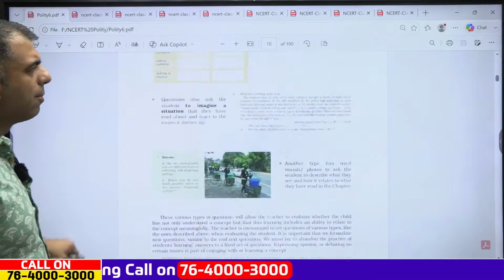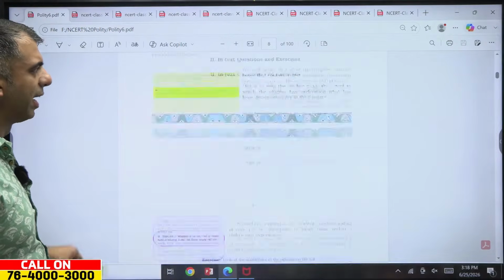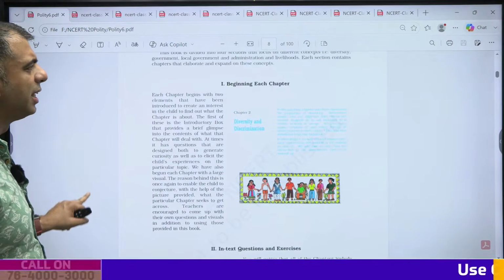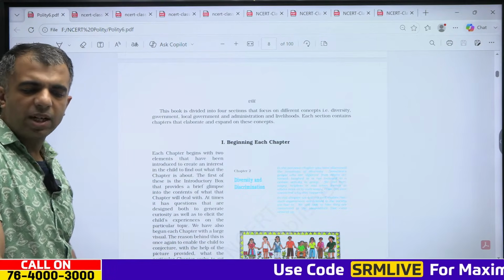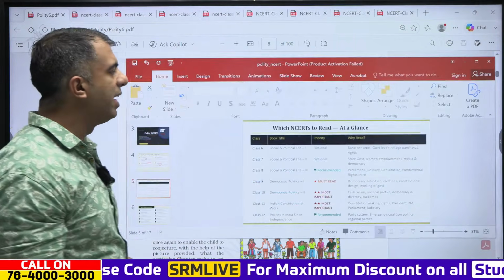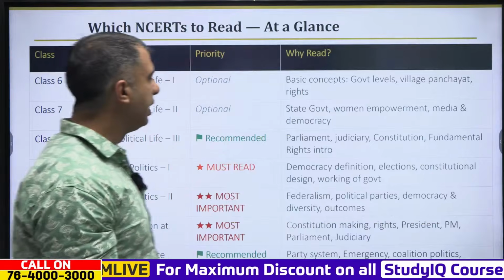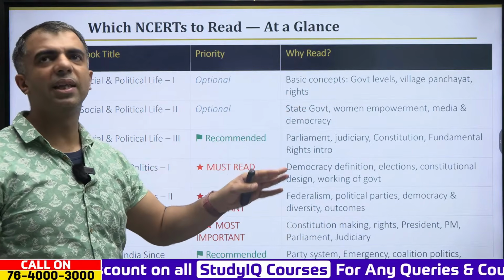They are more about the evolution of society and what essentially society is. So we have various topics, but herein you will find that only 3 topics have higher relevance, which are the government level, village panchayat, as well as the rights.